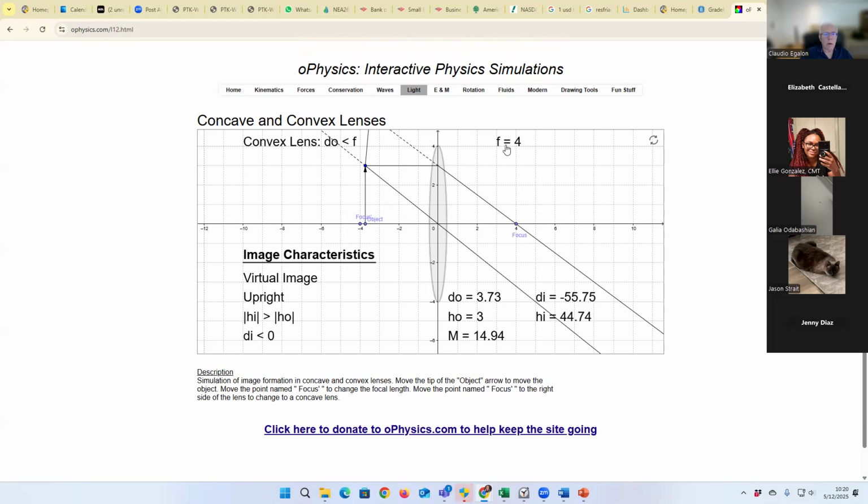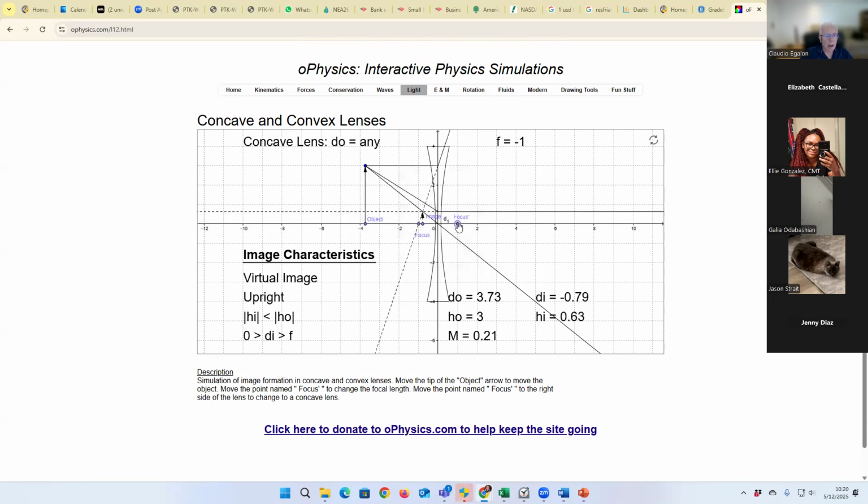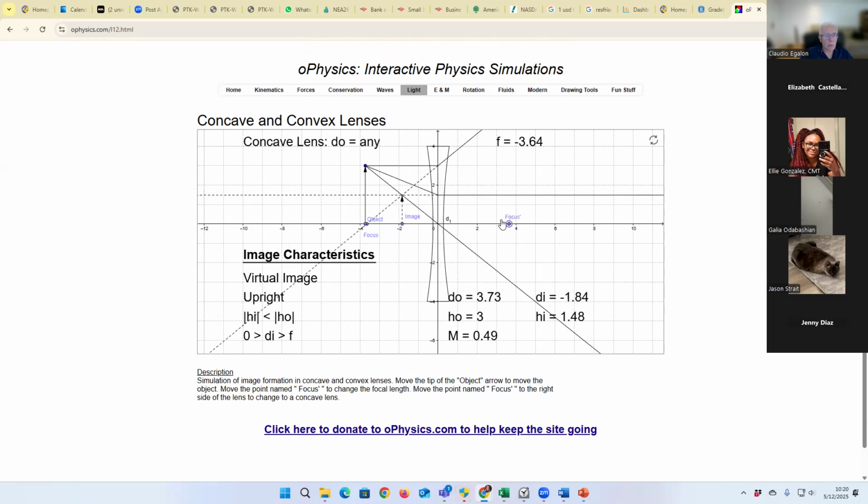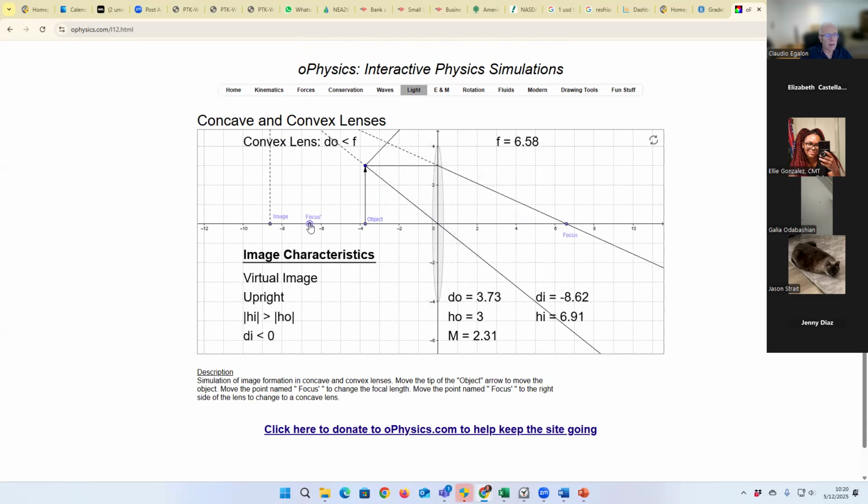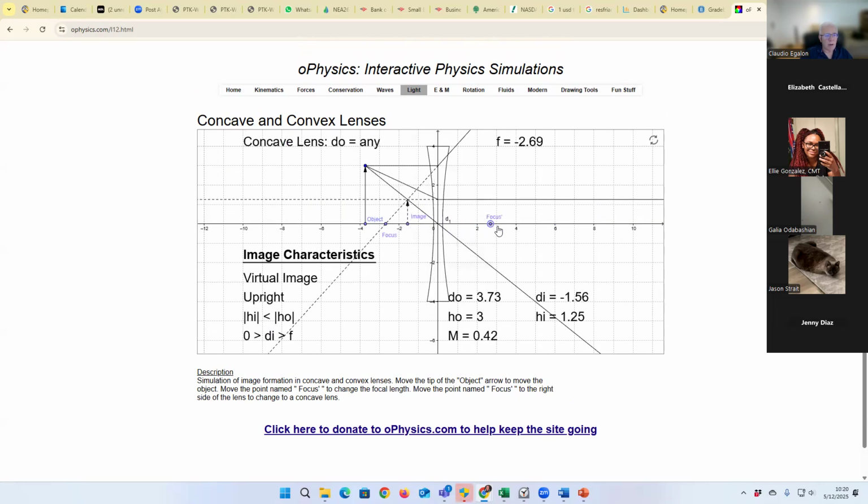What a shame. Okay, looks like I have to change. Oh yeah, that's how you do it. You move the focal point: focal point, positive lens; focal point on the other side, negative lens. Okay, that's how we change. See the focal distance, negative now.